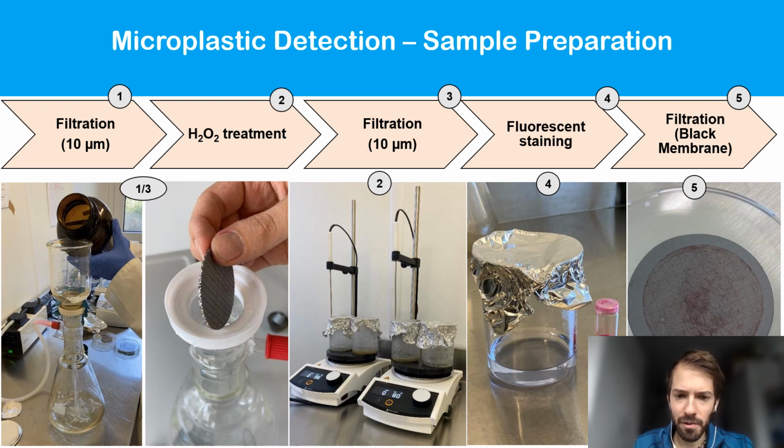After this filtration, we stain the sample with a fluorescent marker, a fluorescent dye. This fluorescent dye selectively stains only the microplastics, but not the natural particles, and like this we can ensure that we only detect the microplastics. After the staining, we filter everything through a black filter membrane. It must be black so it shows no fluorescent signal. Then the membrane is ready for the detection.